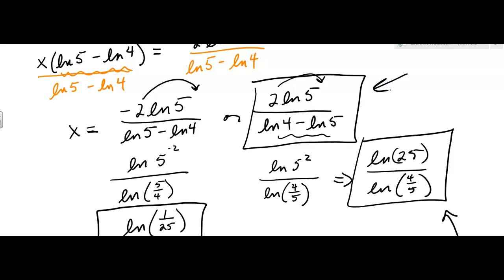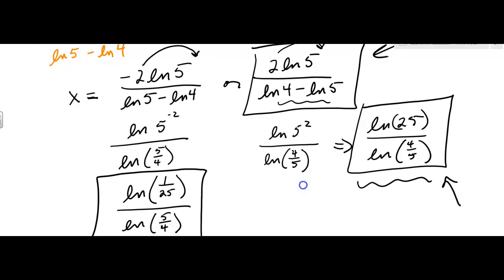Now there's advantages. It depends on what you're doing. Remember, this is just a number. All three of them are just a number. You could plug each one of them into your calculator and it would give you the same number for all of them. So if you did want a decimal approximation, which one would be easiest to put in the calculator? Probably that one's the easiest.